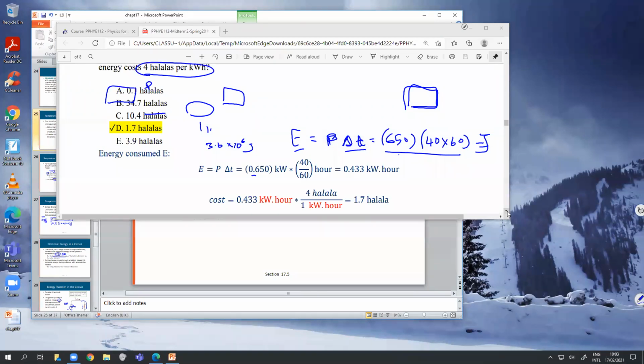So I'm going to convert the watt into kilowatt: 650 watt will be 0.65 kilowatt, and I'm going to convert the minutes into hours by dividing by 60. So I get the energy in kilowatt hour. Now the cost: 1 kilowatt hour is 4 halalas, so 0.433 kilowatt hour is how many halalas? That's it. We're going to pay the electricity board only 1.7 halala, not even a riyal.